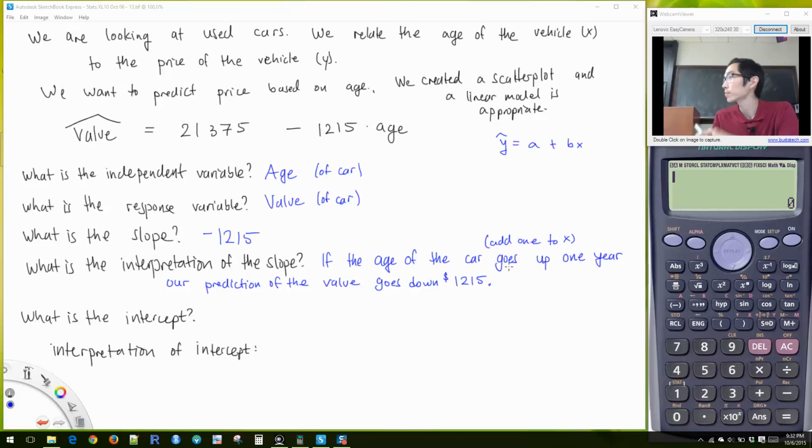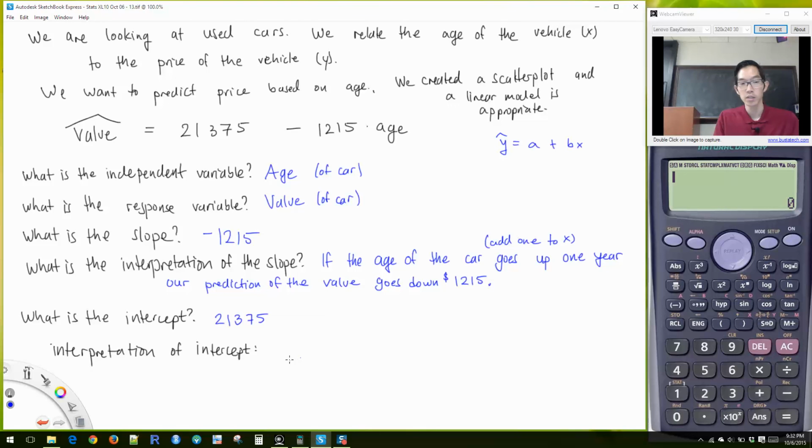Okay, yeah. So if you have 21,375, if the age was 0, then we're saying that's the average cost of the new car. Yeah, well that will be our intercept, right? So our intercept is this number, 21,375, and the intercept is our prediction for y when x is 0.